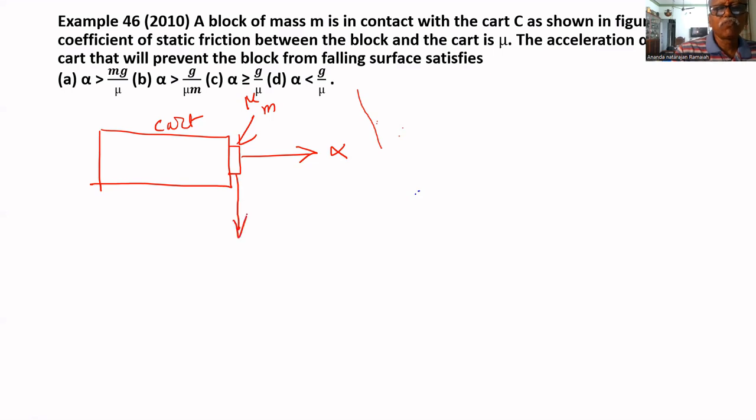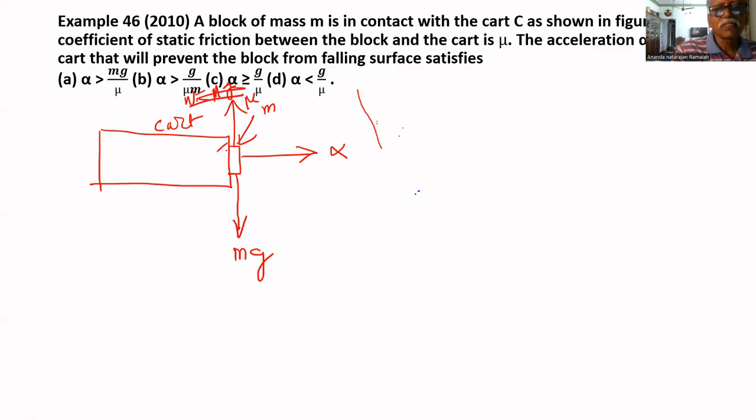What is the downward force acting on it? mg. What is the upward force acting on it? Friction, because mg is acting downward.